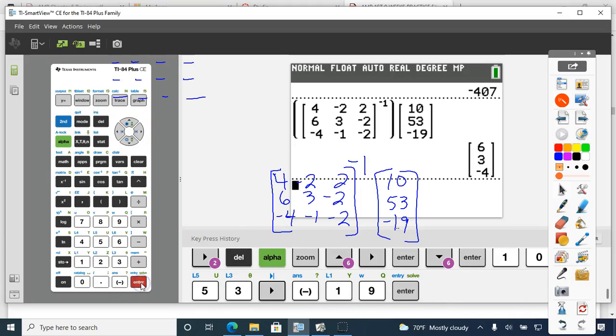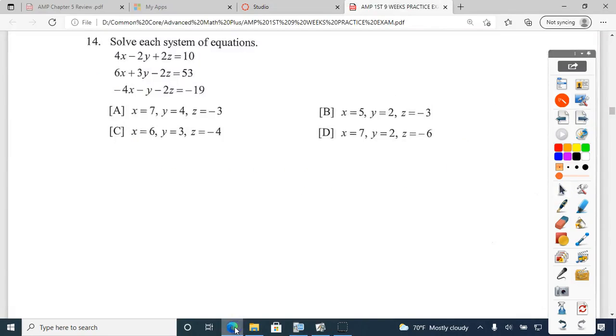Now hit enter. There are your answers. X, Y, Z: 6, 3, negative 4. So I go back to my test. 6, 3, negative 4 is C. Boom. Ta-da.